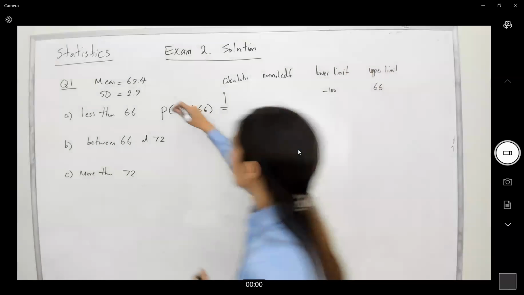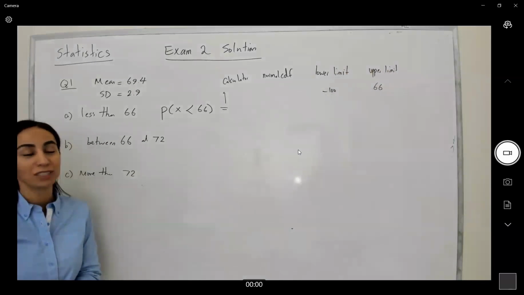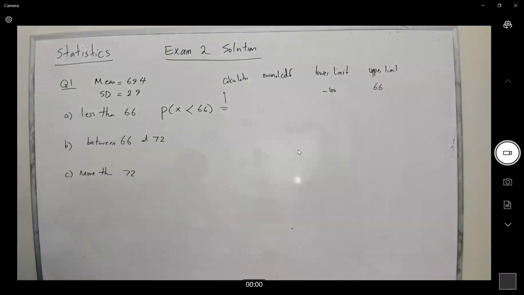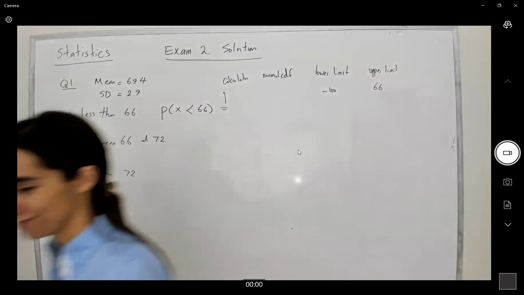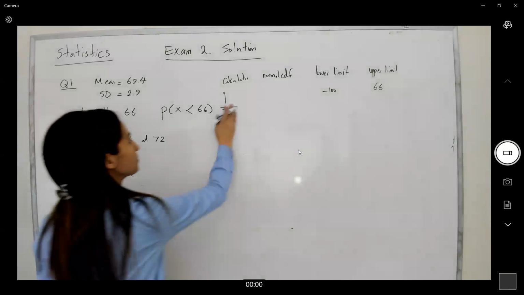The mean is given as 69.4 and the standard deviation is 2.9. So what would be the probability? It is almost 12%.